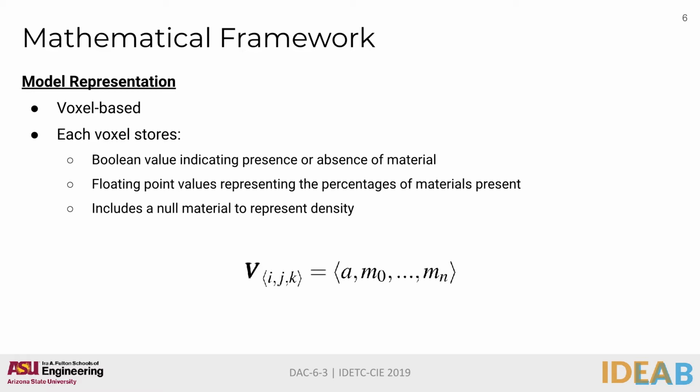We selected a representation where each voxel stores a Boolean value indicating the presence or absence of the material, which allows for fast geometry operations, floating point values representing the percentages of materials present, similar to how different color channels are present in a color image, and a null material channel that can be used to represent density. These values are constrained such that the Boolean value is always 0 or 1, and the sum of all the material channels, including the null material, will always equal 100%.